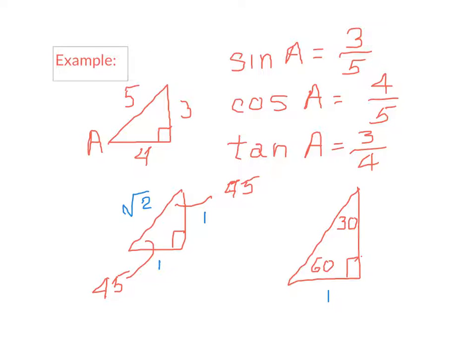If that's equal to 1, the hypotenuse is always going to be twice that value. So whatever the length of the side opposite the 30 is, the hypotenuse is twice that. So that's going to be, in this case, 2. And the other leg, which is the side opposite the 60-degree angle, is going to be the length of the side opposite the 30 times the square root of 3.